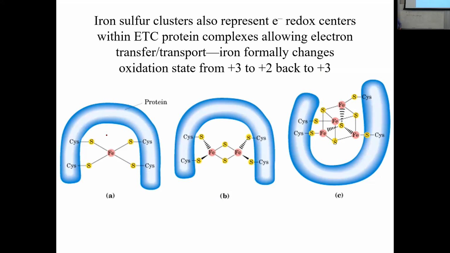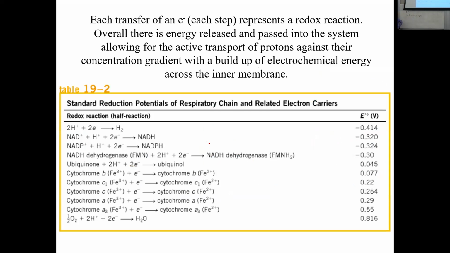So there are single iron, we have 2 iron sulfur clusters, 4 iron sulfur clusters. These are all part of these complexes.